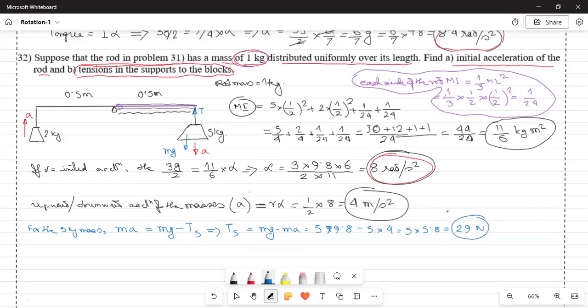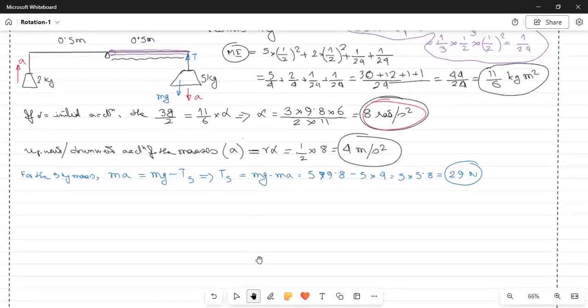One answer. But the situation is slightly different in the case of the 2 kg mass. It is in the reverse direction.